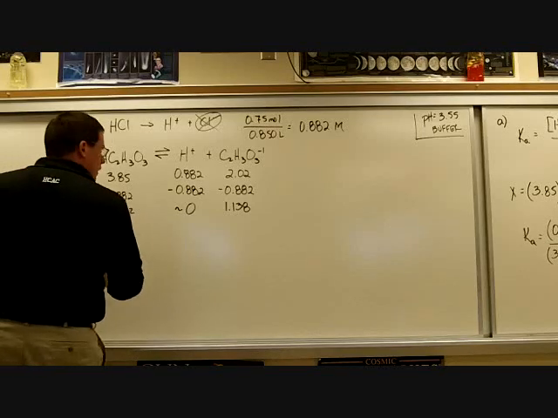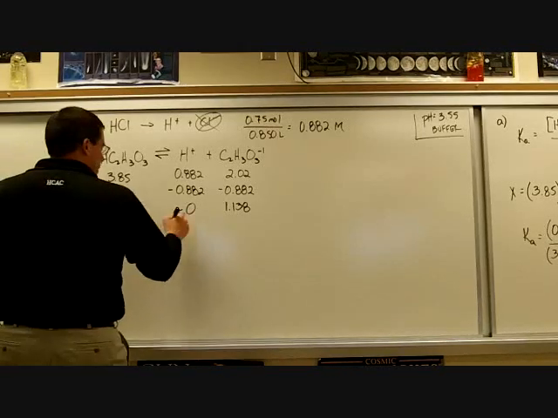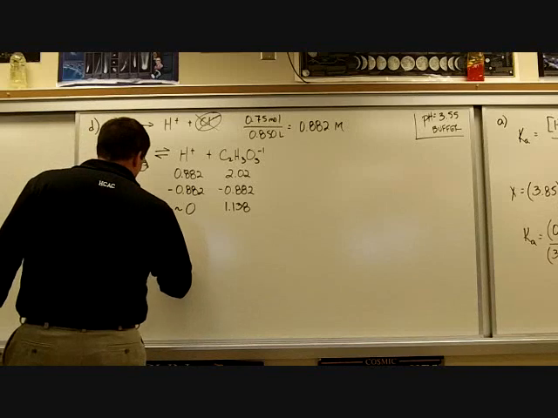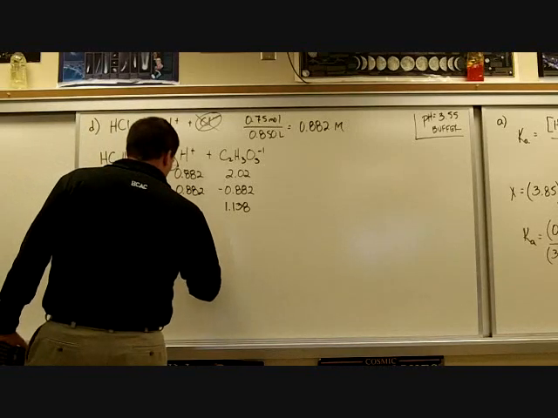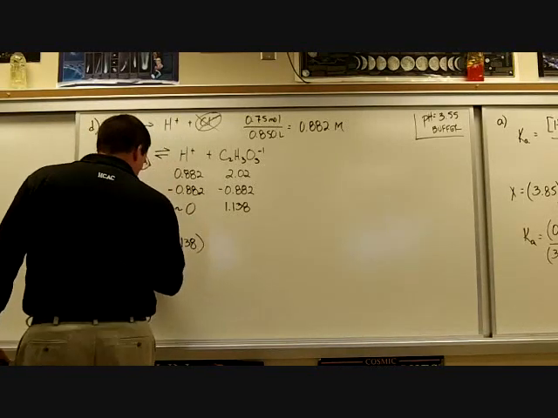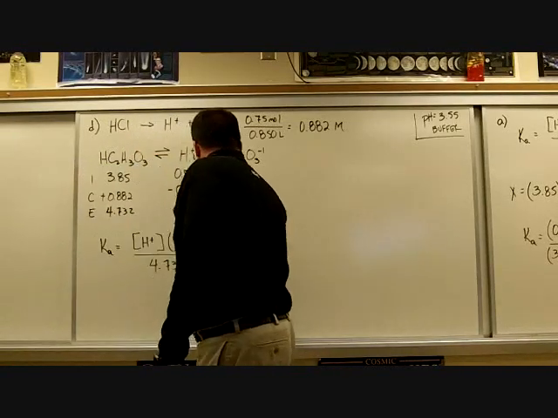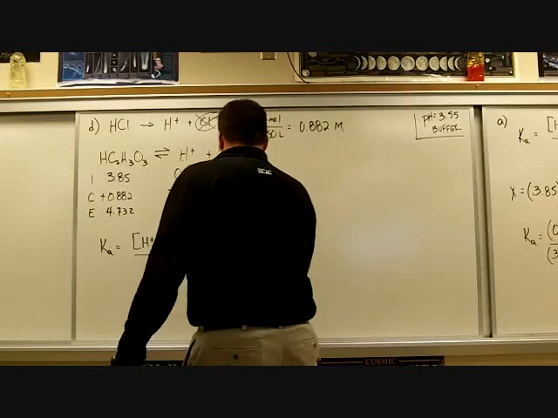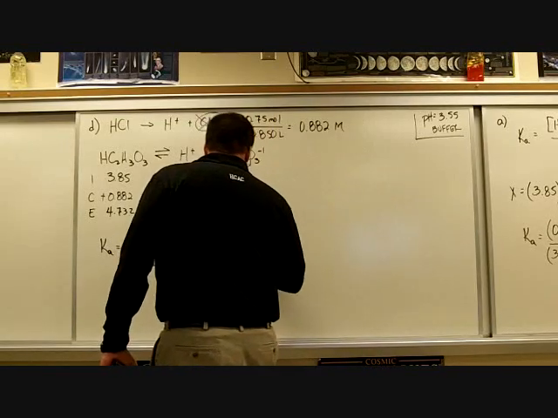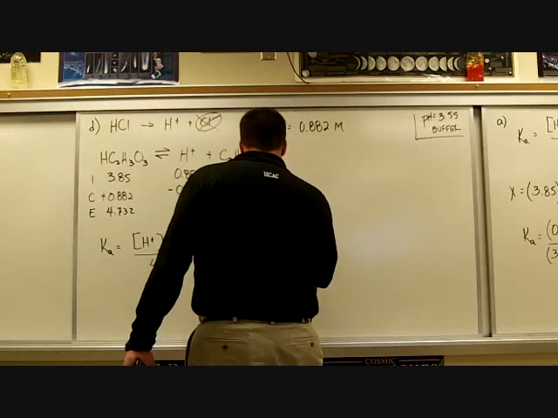So our Ka, we'll go ahead and plug these in. So we have our hydrogen times this. And there is no 5% rule with buffers. And that's all equal to 1.48 times 10 to the negative 4.